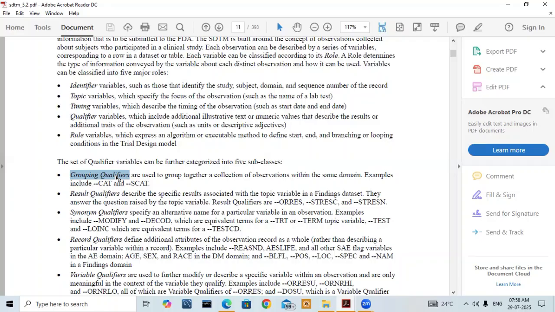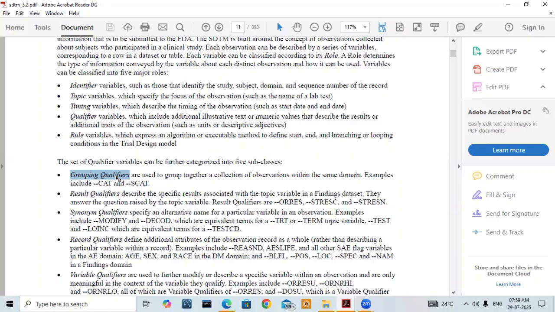In the trial I have people of different ages, ranging from 18 to 65. So I am making groups: 18 to 25 one group, 25 to 35 one group, 35 to 45 one group, 45 to 65 one group. So I am making different groups.